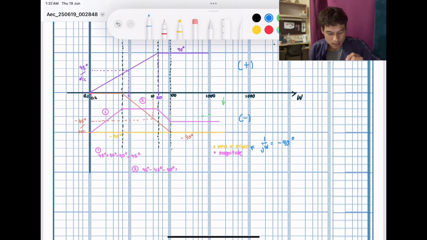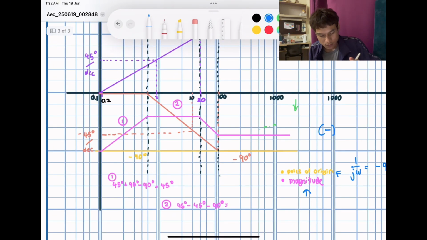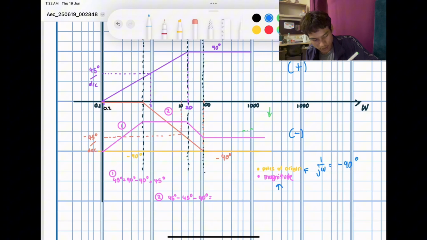The last part is that we need to find the resulting phase, which is the purple line. It is the same step as before. We need to focus part by part at the frequency. Let's focus from 0.1 frequency until 1.